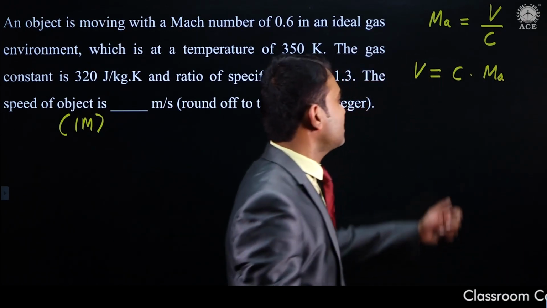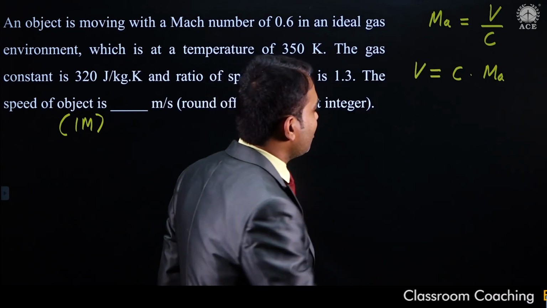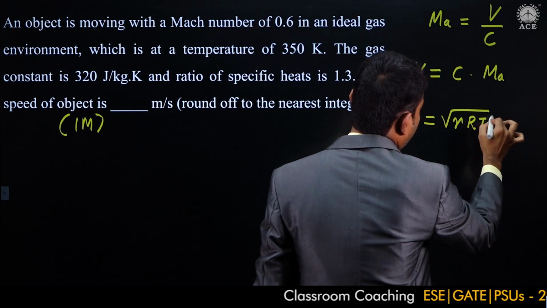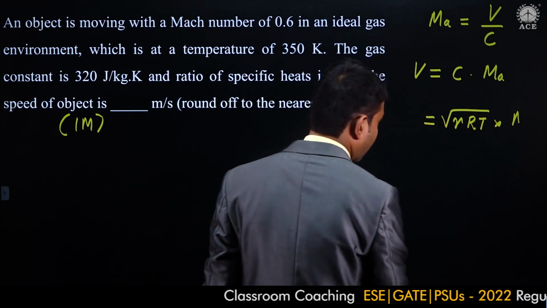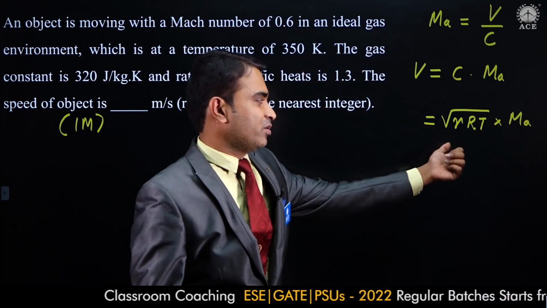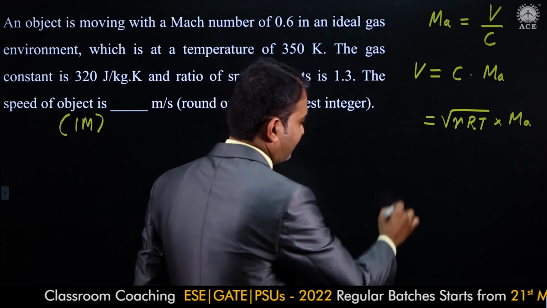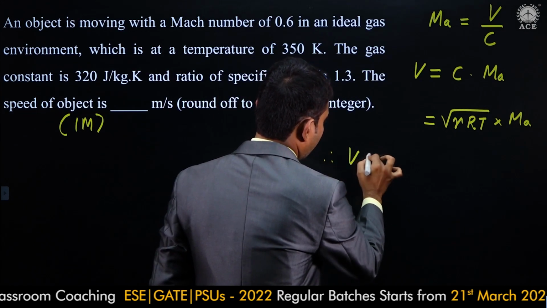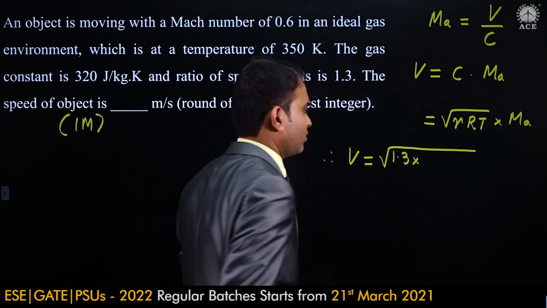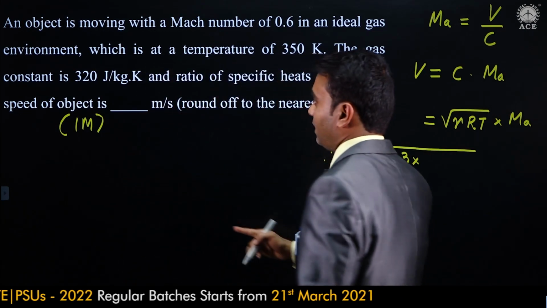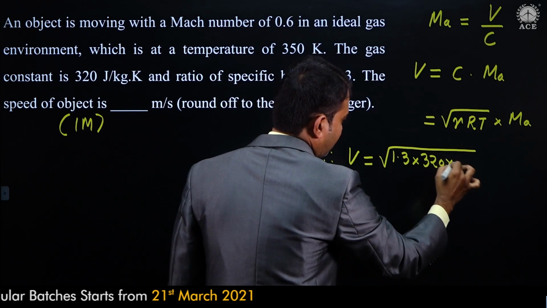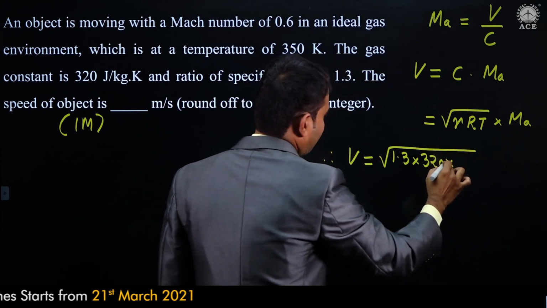What is C? C is the speed of sound in the medium. Speed of sound in the medium is given by square root of gamma RT. Gamma is the specific heat ratio, and this value is given as 1.3. So therefore, we will get V equal to square root of 1.3 into R value for the gas, which is given as 320, into temperature 350 Kelvin.